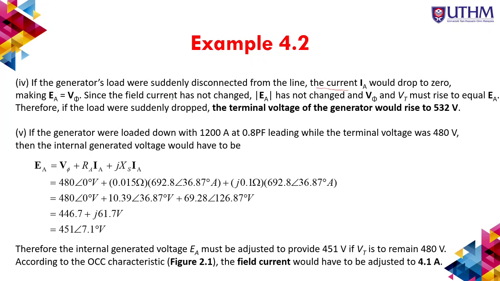Since the field current has not changed, the field current is still the same, so the magnitude has not changed, and then the V phase and VT must rise to equal to the magnitude. When it is open circuit, IA becomes 0, so then V phase equals EA.